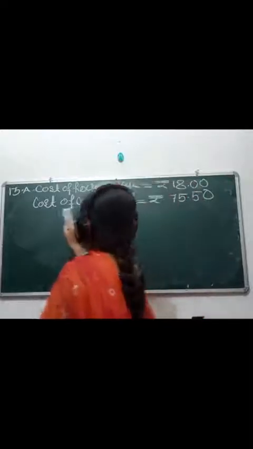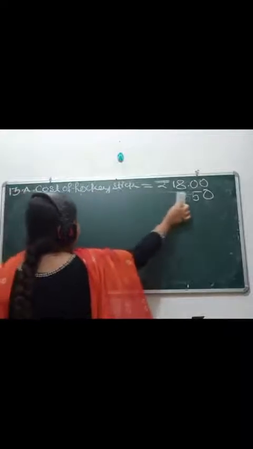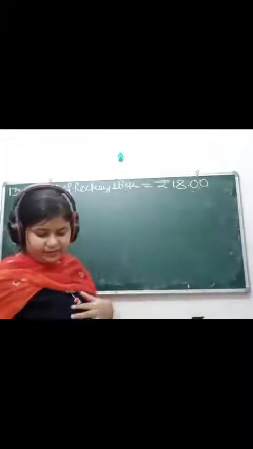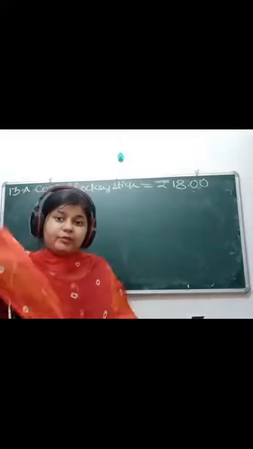We have to compare the cost of a book and a hockey stick. The cost of the hockey stick will remain the same. We have to write the cost of book.